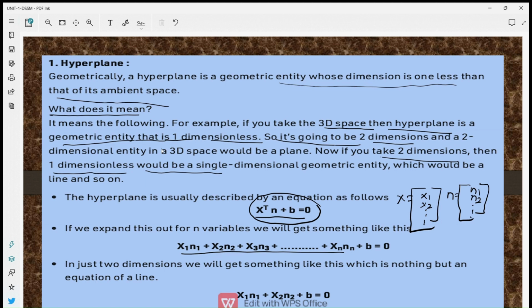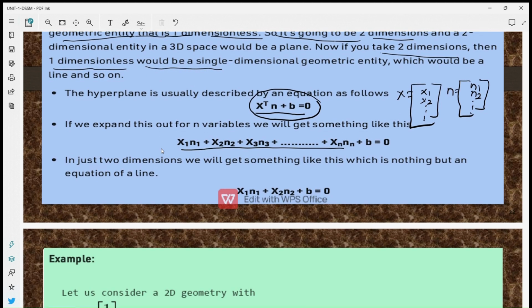In just 2 dimensions, we will get the equation of a line. If I have 2-dimensional geometry, assume that this is the 2D plane having x and y. Whenever a line passes through this 2D geometry, the equation of the line is ax plus by plus c equals 0, right? So this is how it would be mentioned.